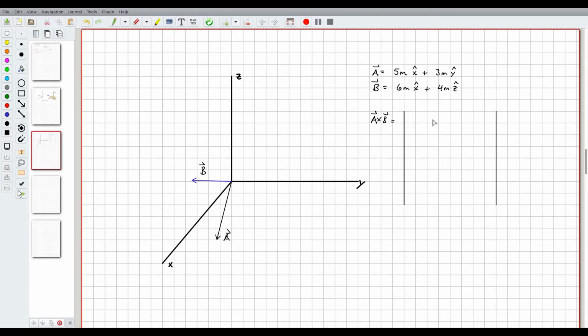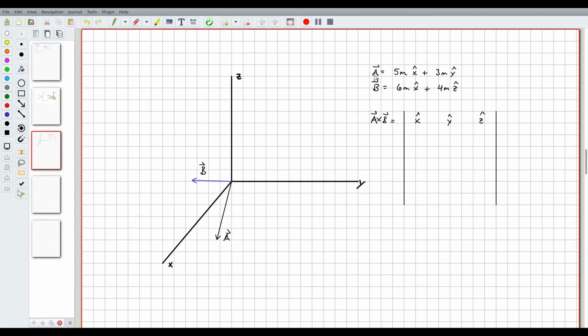In the top row of the determinant, we'll put x hat, y hat, and z hat. These will form the columns for when I actually carry this operation out.